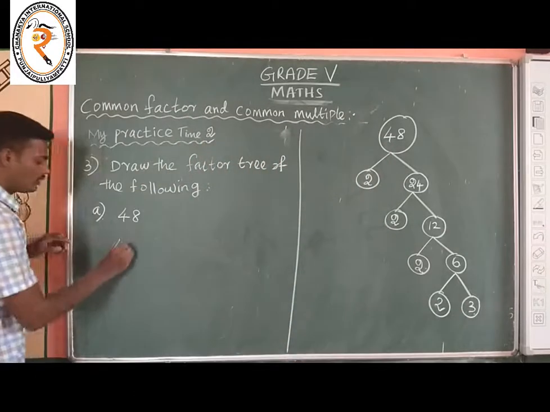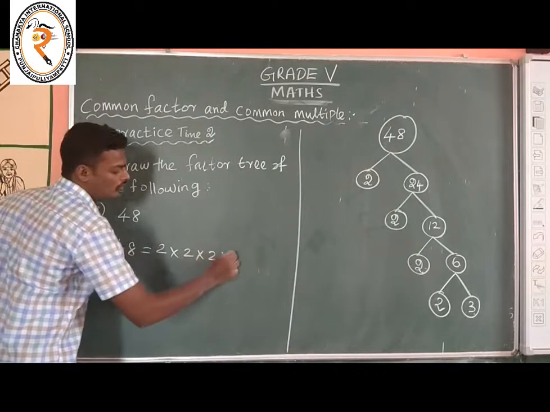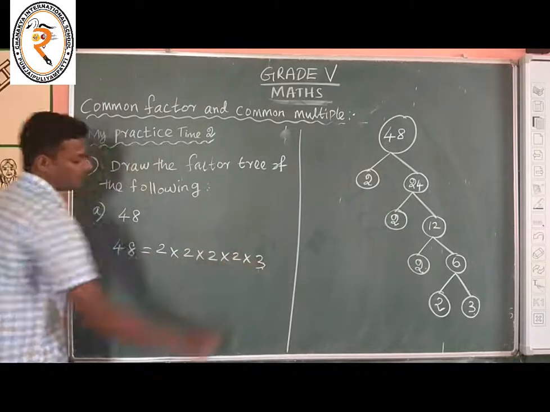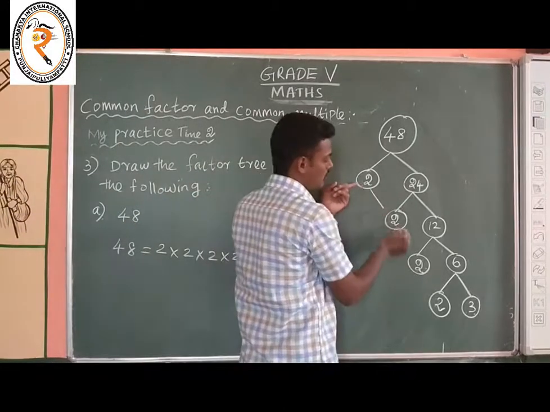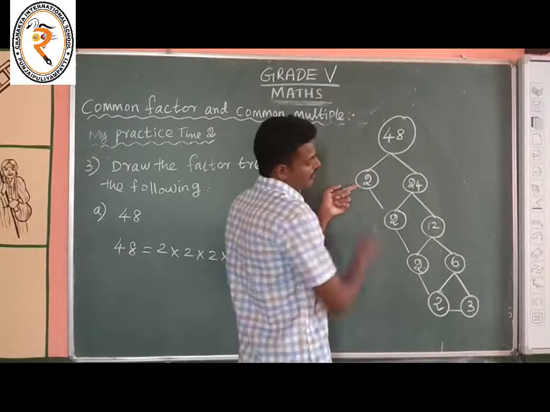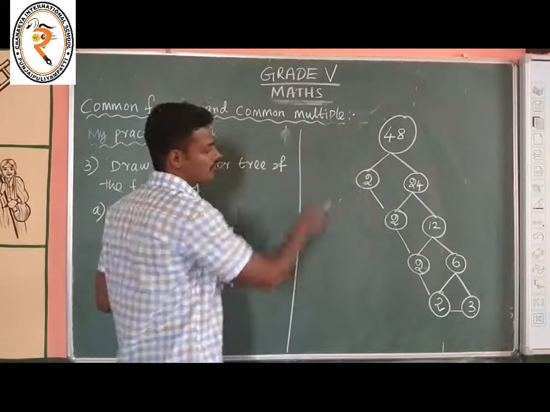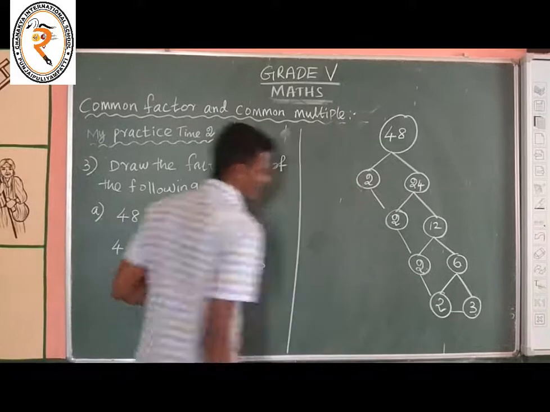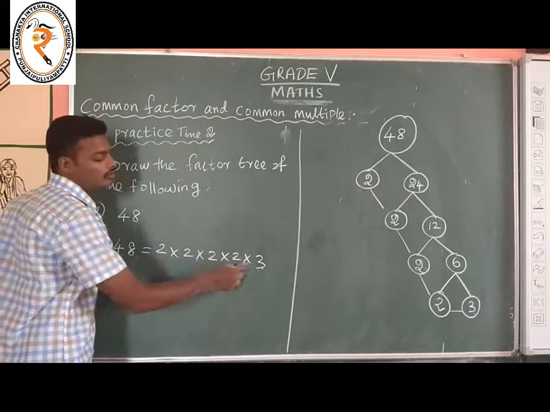Write only prime numbers. 2 is a prime number, 3 is also a prime number. So 2 comes 4 times, 3 comes 1 time. So we multiply 2 into 2 into 2 into 2 into 3.